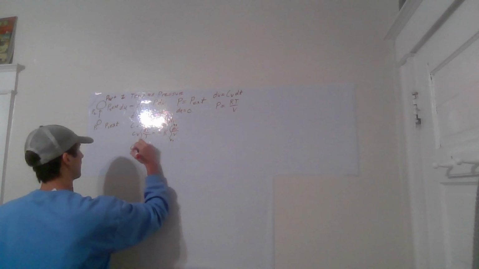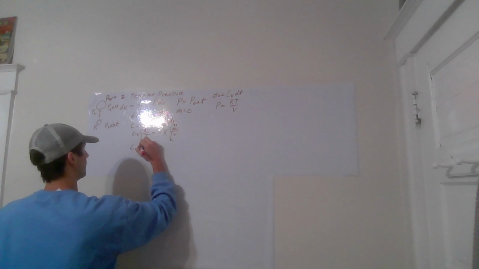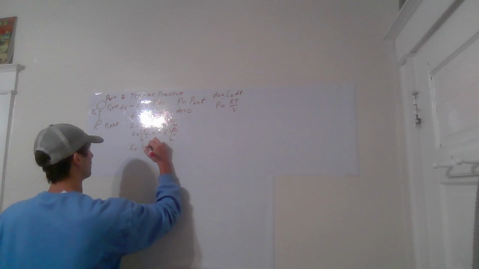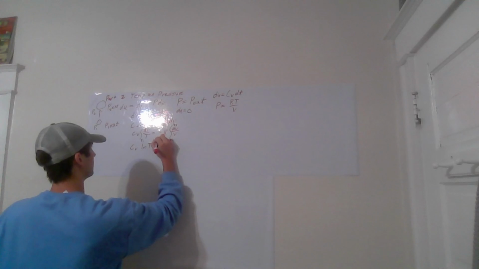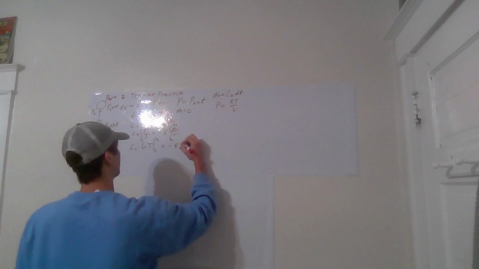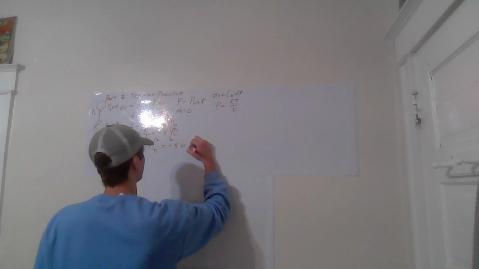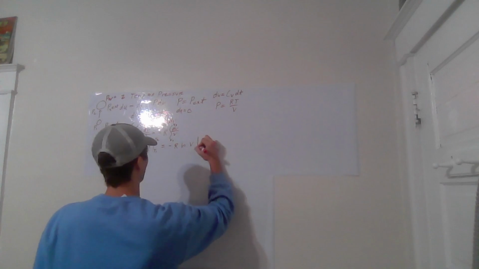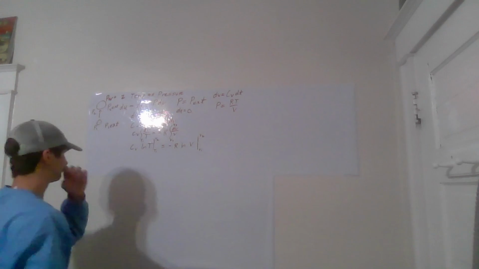So we're going to have the specific heat times natural log of T1 to T2 equal to negative R times natural log of V from V1 to V2.